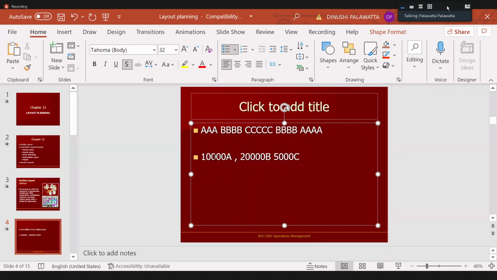You are producing fairly large batches of A, B, C, and then you produce a large lot of 10,000, and then switch to B, and then you produce 20,000, and then switch to C, and produce 5,000, and then maybe come back to A. So this sequence is not much flexible. So this sequence is more flexible. You got it?